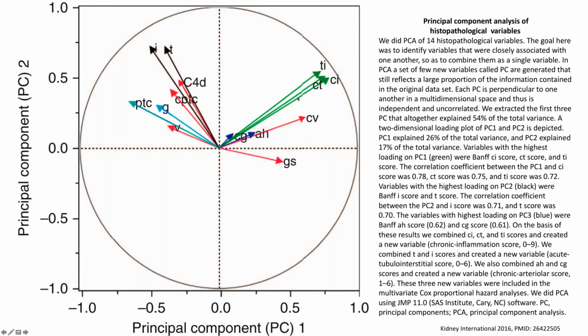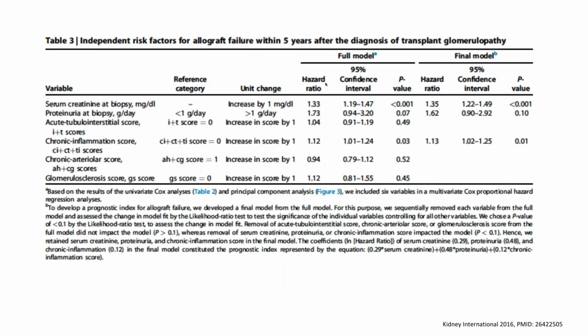So once we had this PCA information, we simply combined their Banff scores and created a single numerical value. So we created a new score. We call that an acute tubular interstitial score, where we combined i plus t scores. We called another score a chronic inflammation score, where we combined ci, ct, and ti.